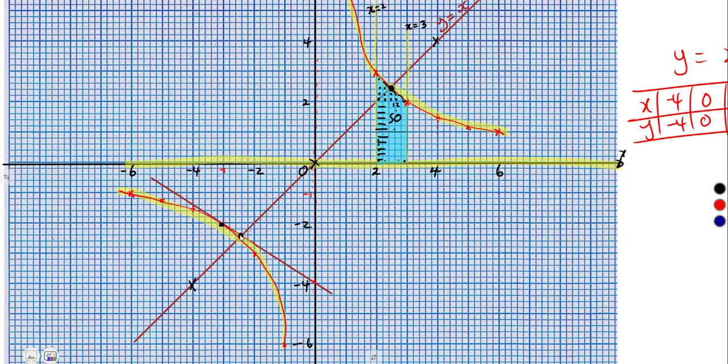This one was supposed to correspond to something like negative 2, 4. All right, so here it's 2, here it's going up to the x-axis. That's negative 2 comma 2.